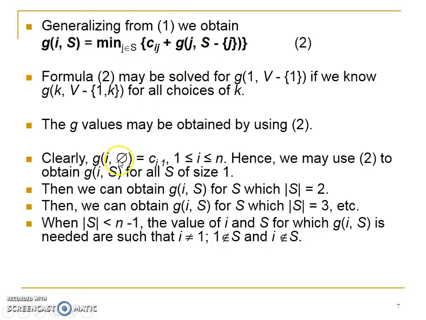And we know that G of I comma phi means the cost of traveling from vertex I to no other vertex, means the set is phi, back to 1. That is nothing but the cost of the path C of I comma 1. Hence you can use this equation to get the cost of the path wherein the set S is null, means from a single vertex to vertex 1.